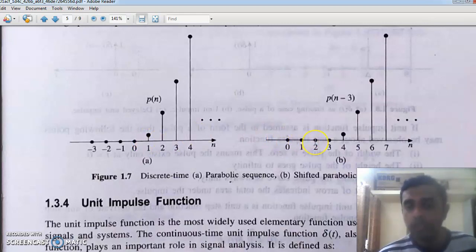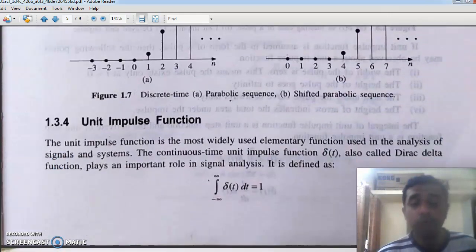This is the third sample here. It starts here, at n is equal to 3, and then it goes like that. This sample is shifted by 3 samples.